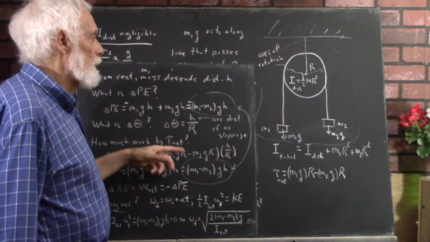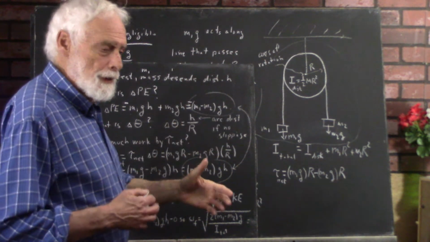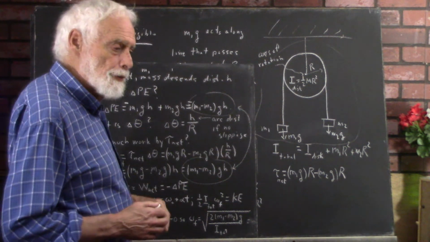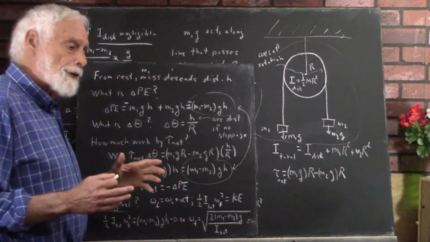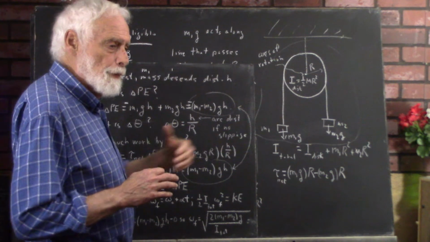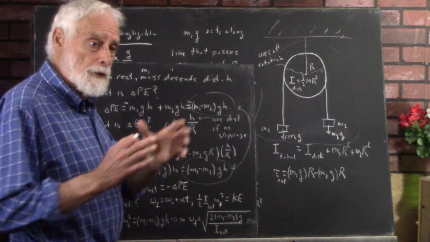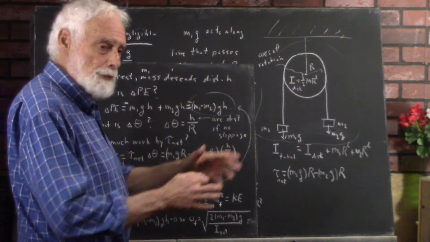Well, if we understand the analogies between rotational and straight line motion, just as the work done by a constant force moving through a displacement in the direction of the force is the product of the force and the displacement.